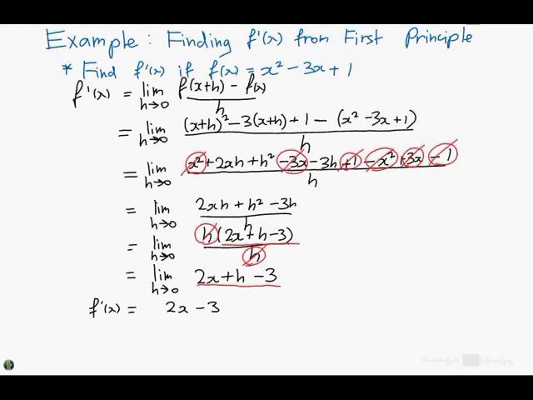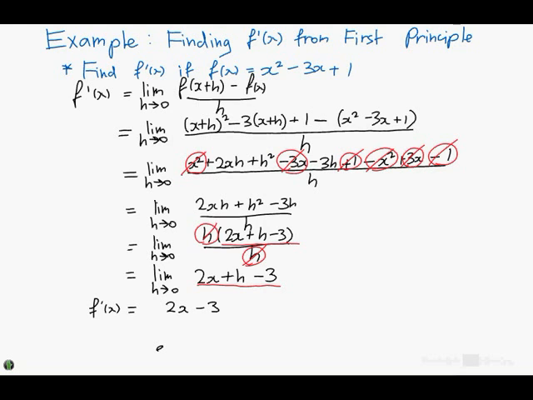And to go back to the top, let's remind ourselves of what we've just done. We started with a function, x squared minus 3x plus 1, and we got a derivative, 2x minus 3. This derivative describes what the gradient is of f of x at any point.